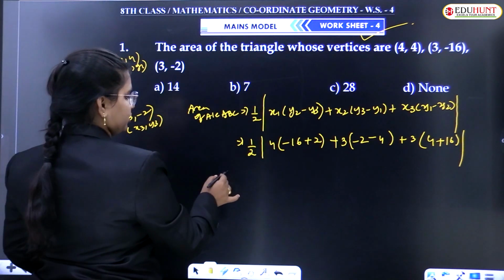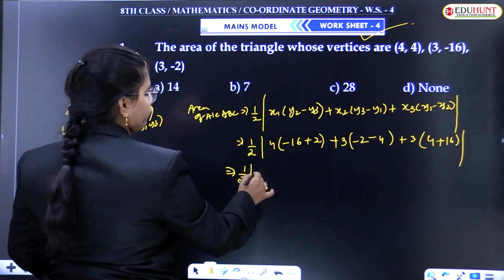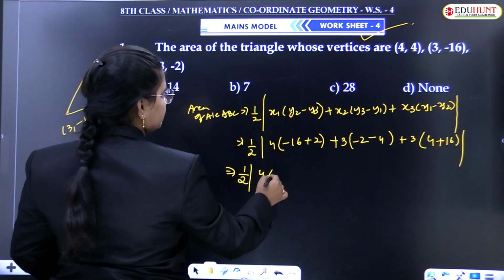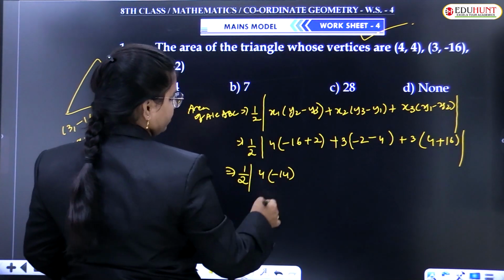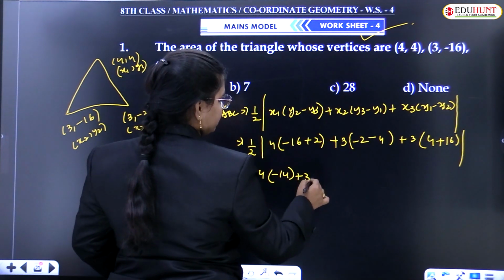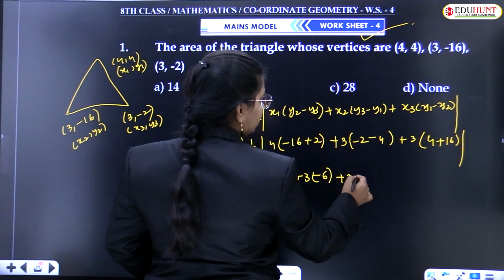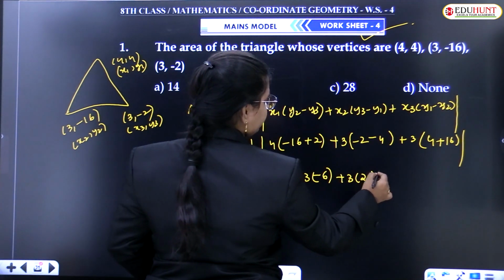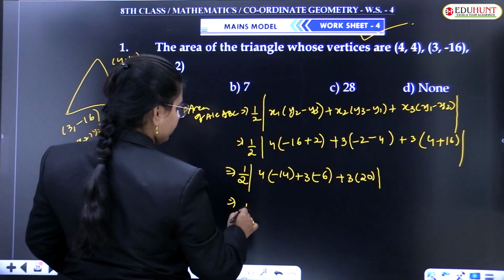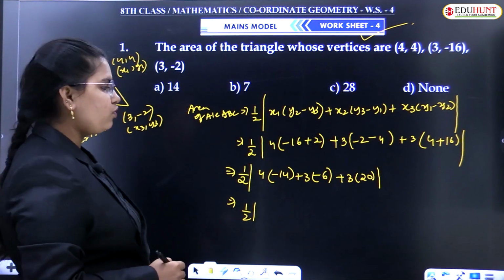Okay. Did you understand what I am telling here? Just see, I am just substituting the values in the given formula. Half, 4 into minus 16 plus 2 is minus 14. Correct. Minus 14, plus minus 2 minus 4 is minus 6, plus 4 plus 16 is 20. Right. So half, 4 into minus 14 is how much?